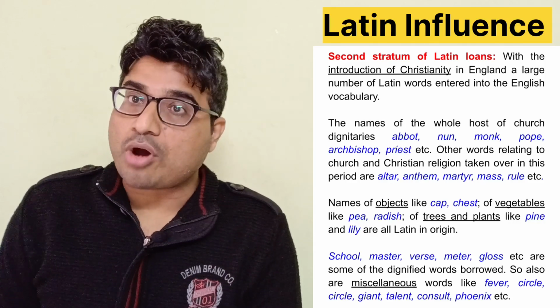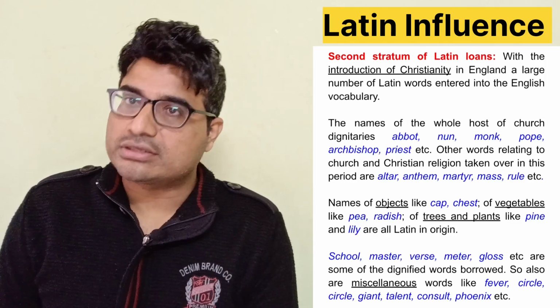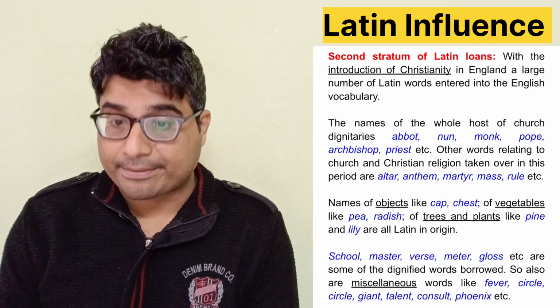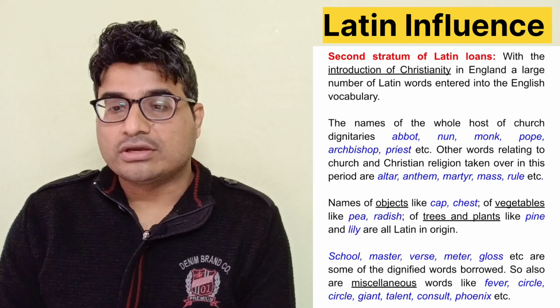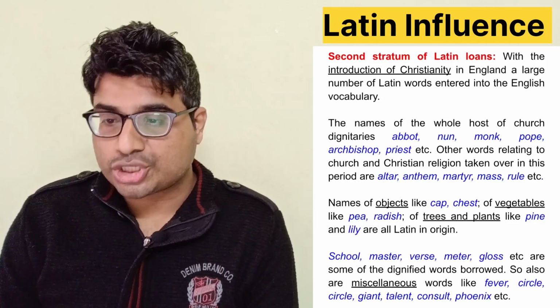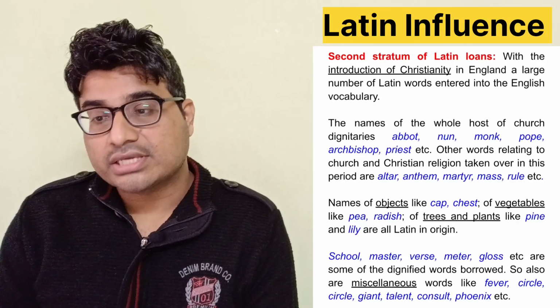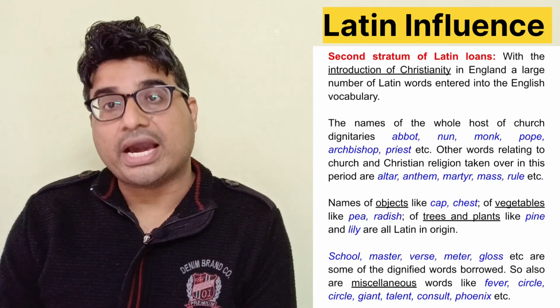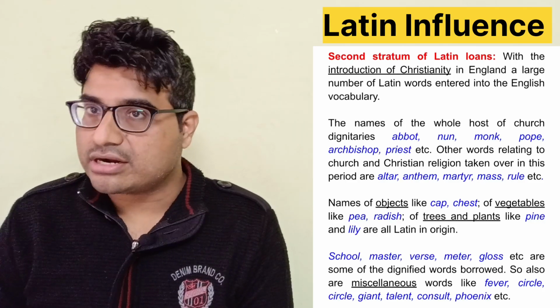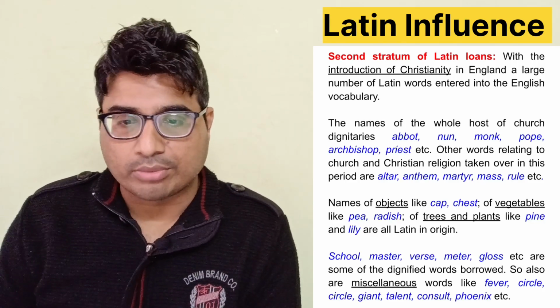Names of objects also entered into English vocabulary. These are cap, chest, of vegetables like pea, radish, of trees and plants like pine and lily. All these entered inside English vocabulary.